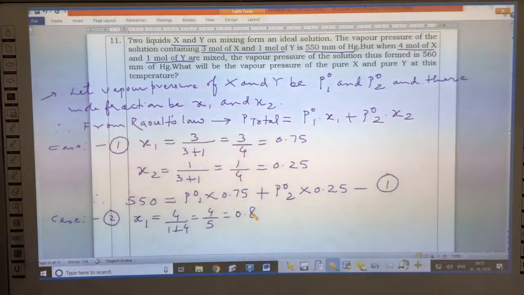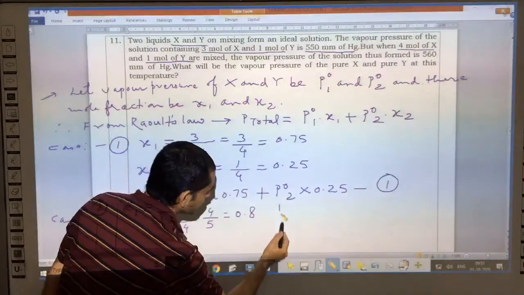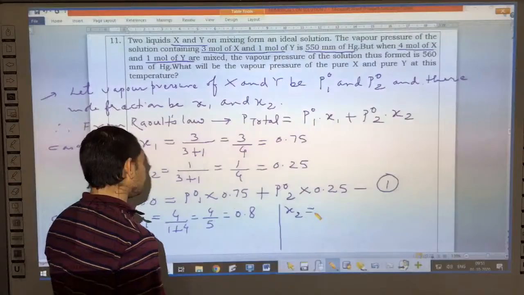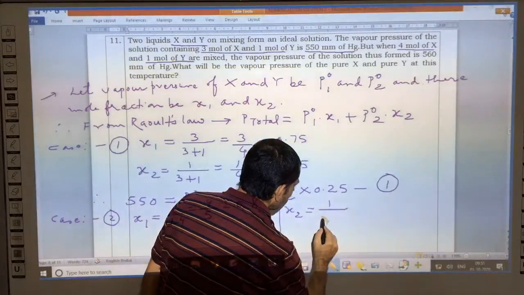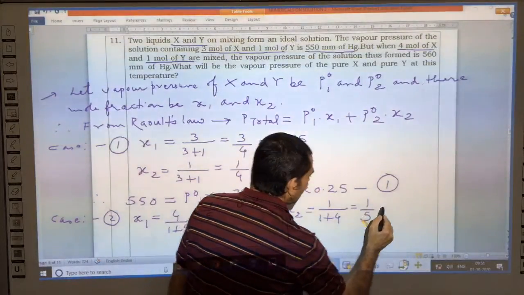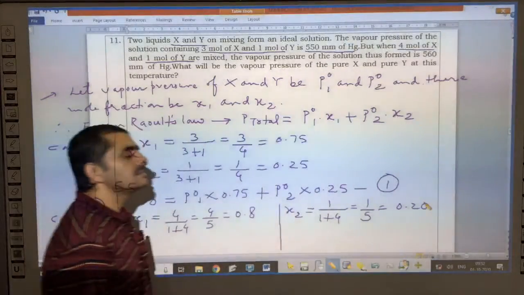Yes or no? Similarly, we will calculate X2. So X2 will be equal to 1 upon 1 plus 4, which is 1 upon 5, and this will be 0.20. Clear?